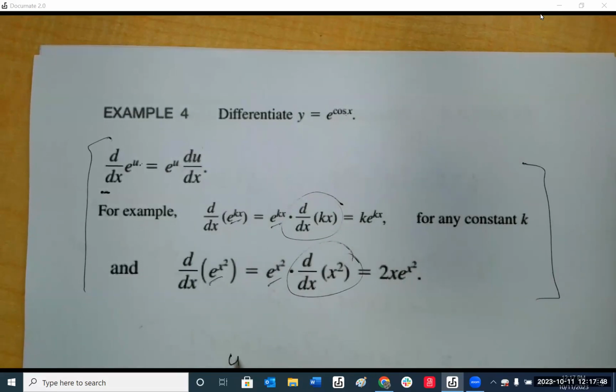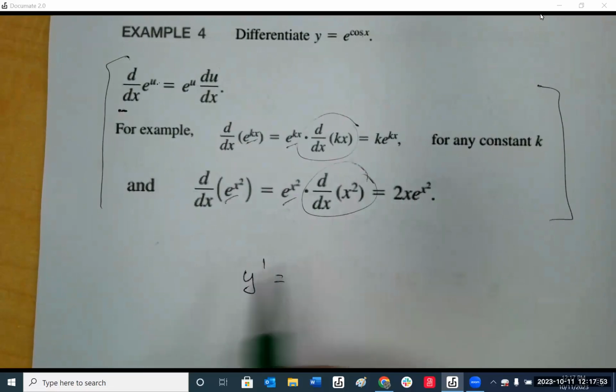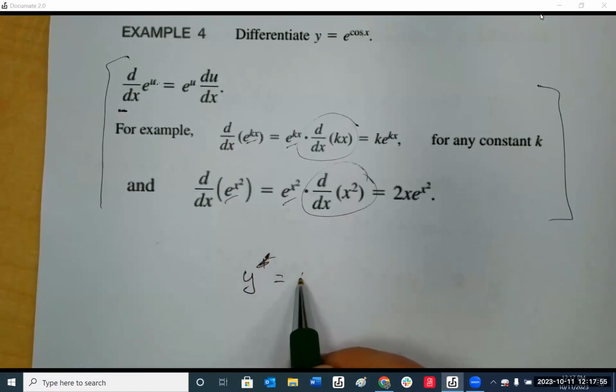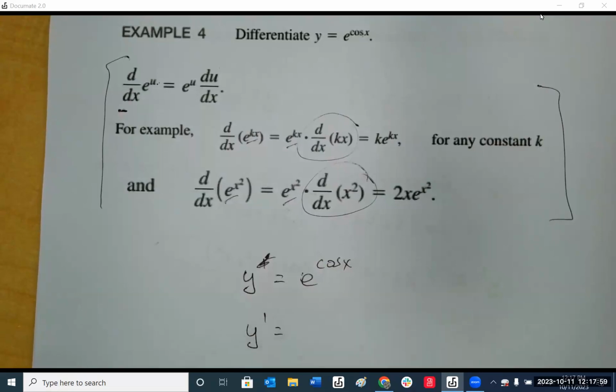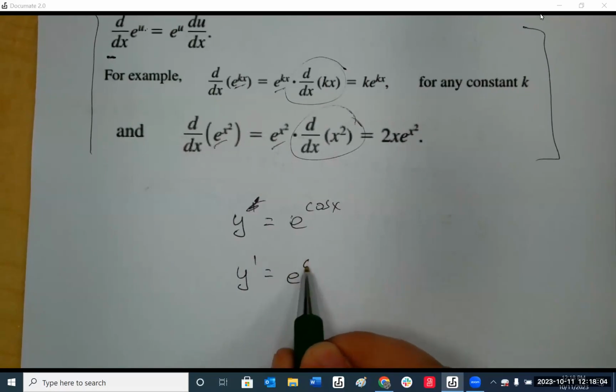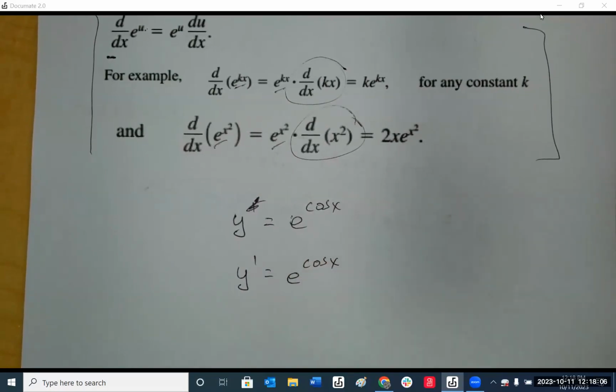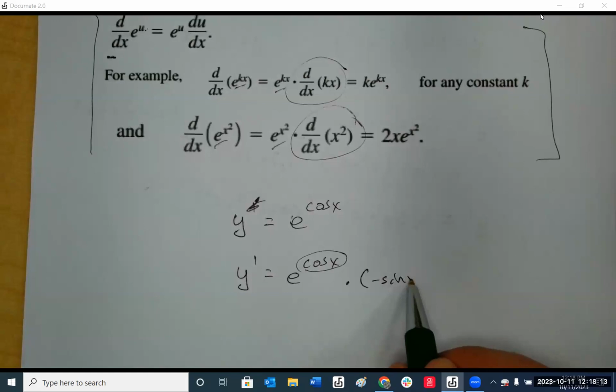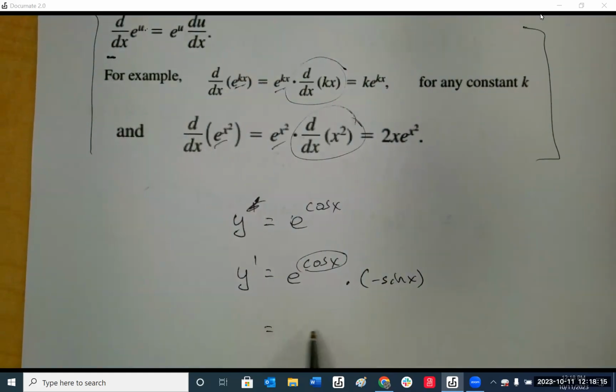So knowing that, since it equals e to the cosine x, our derivative will be what? E to the cosine x times, what's the derivative of cosine x? Negative sine x. So it's negative sine x e to the power cosine x.